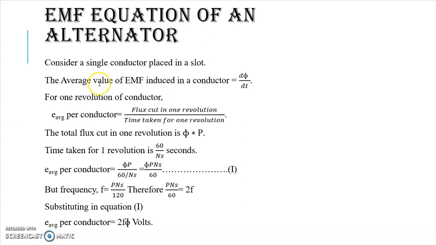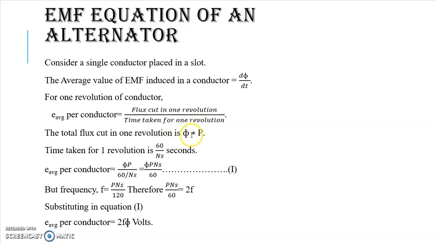Now we are considering a single conductor placed in a slot. According to Faraday's law of electromagnetic induction, the induced EMF in a conductor is the rate of change of flux with respect to time, that is d phi by dt. So now we are considering one revolution of a conductor. The average EMF per conductor is equal to the flux cut in one revolution upon the time taken for one revolution.